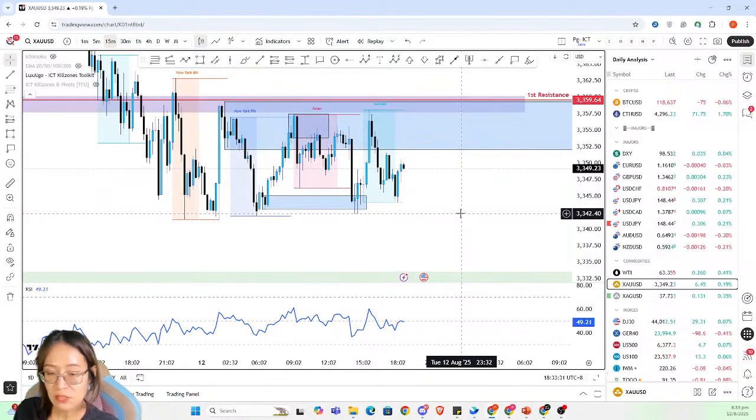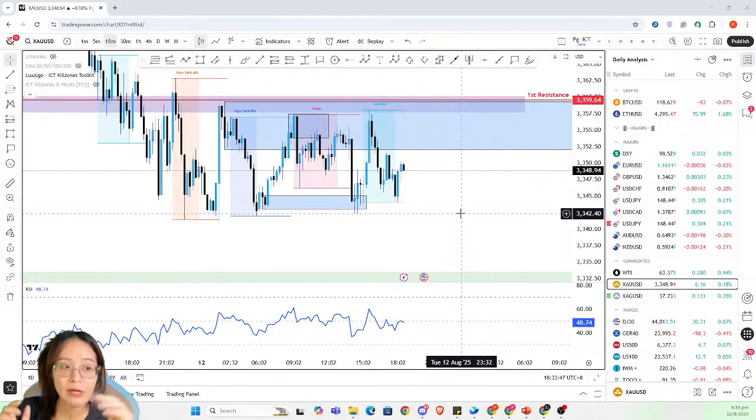But if you're a full-time trader, I think you can, because you don't need to sit at the computer 8 or 10 hours a day. You set the alert on TradingView whenever price goes to your key level, and then you wait for market structure shift.